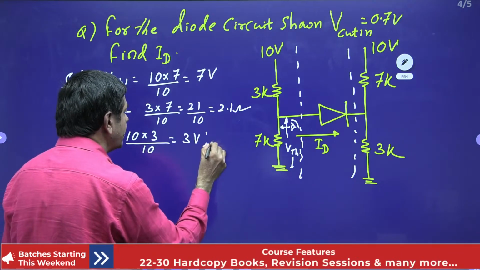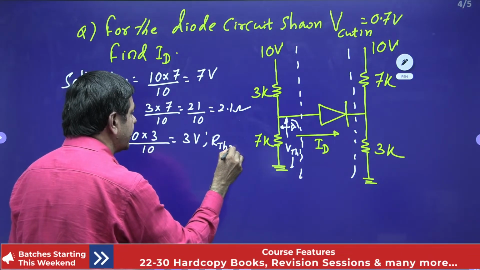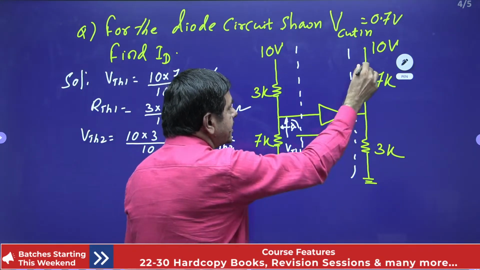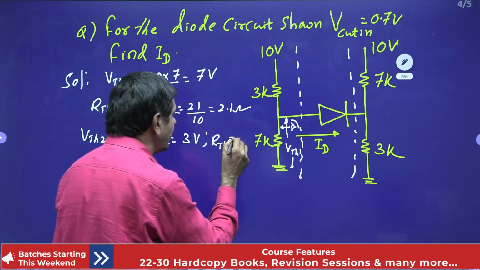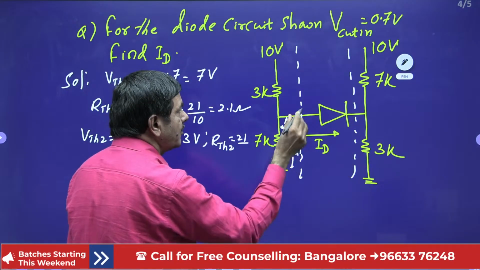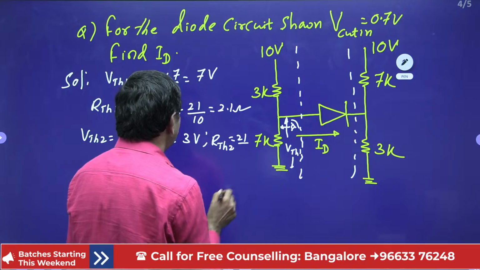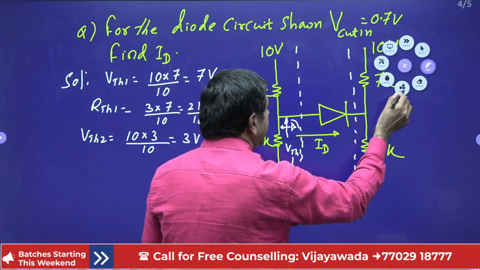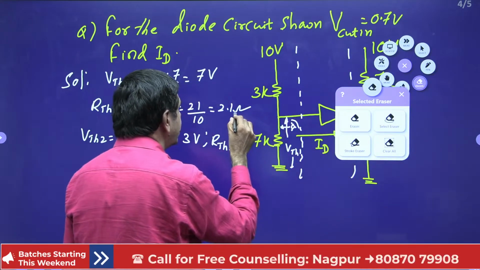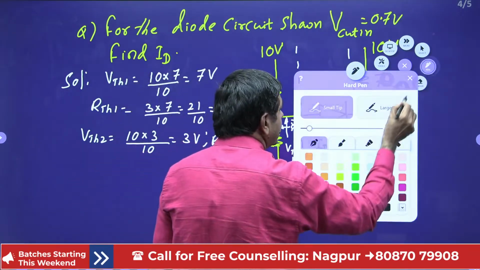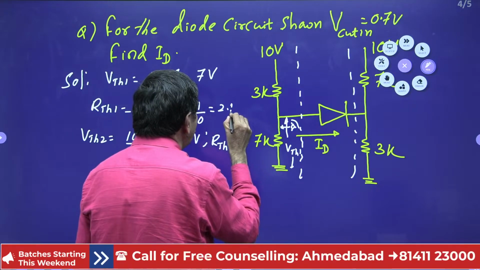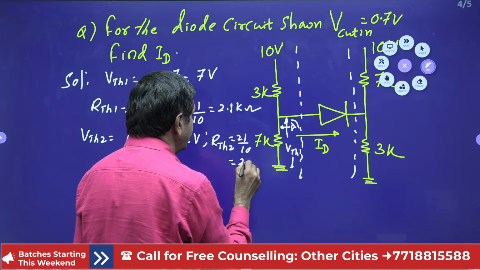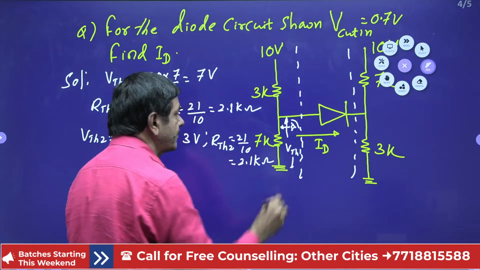And the resistance will be the same. RTH2: when the view is made from this side, these are in parallel. 7 into 3, 21 by 10, is 2.1 kilo ohms. It is possible in kilo ohms only.